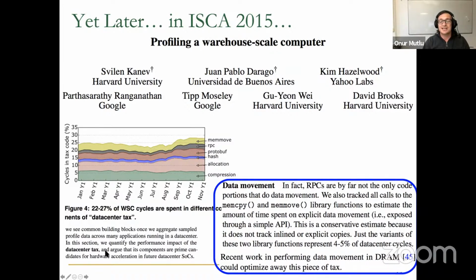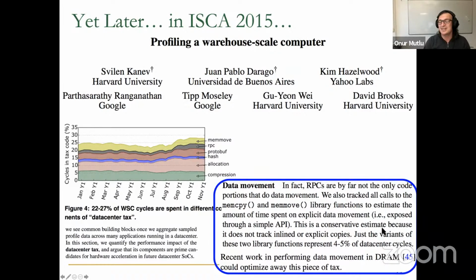So basically, data center tax components are prime candidates for hardware acceleration in future data center SoCs. They say, we also track all calls to the memcopy and memmove library functions to estimate the amount of time spent on explicit data movement. Explicit, not implicit, meaning exposed to a simple API. This is a conservative estimate.